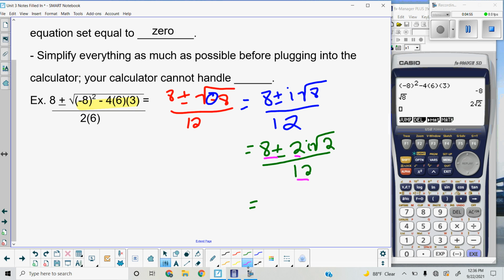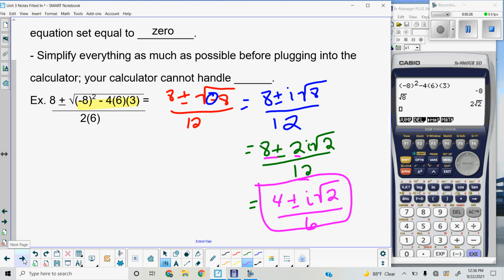So we would get 4, because 8 divided by 2 is 4, plus or minus 2 divided by 2 is 1, so we don't need to write the 1. i square root of 2, and 12 divided by 2 is 6. This would be our final answer. So your calculator is going to do a majority of the work for you.